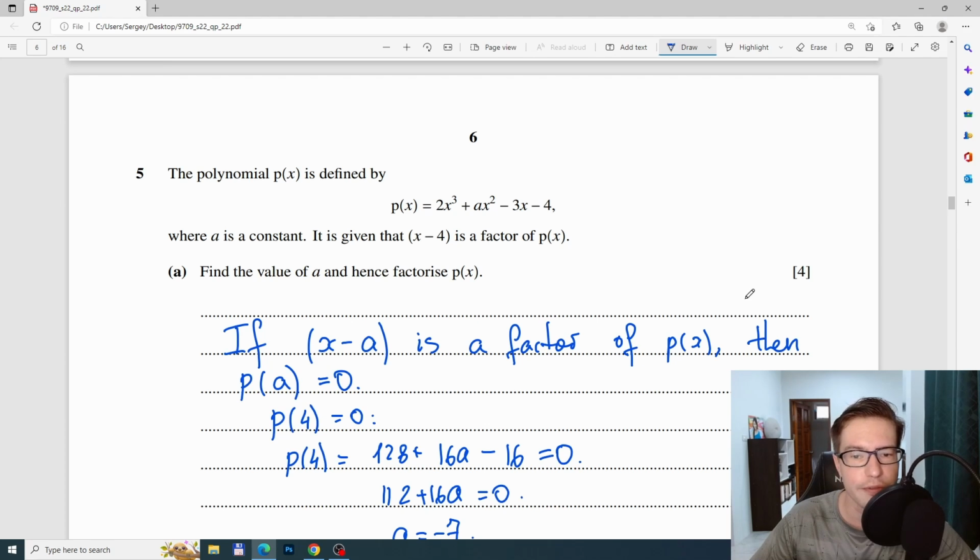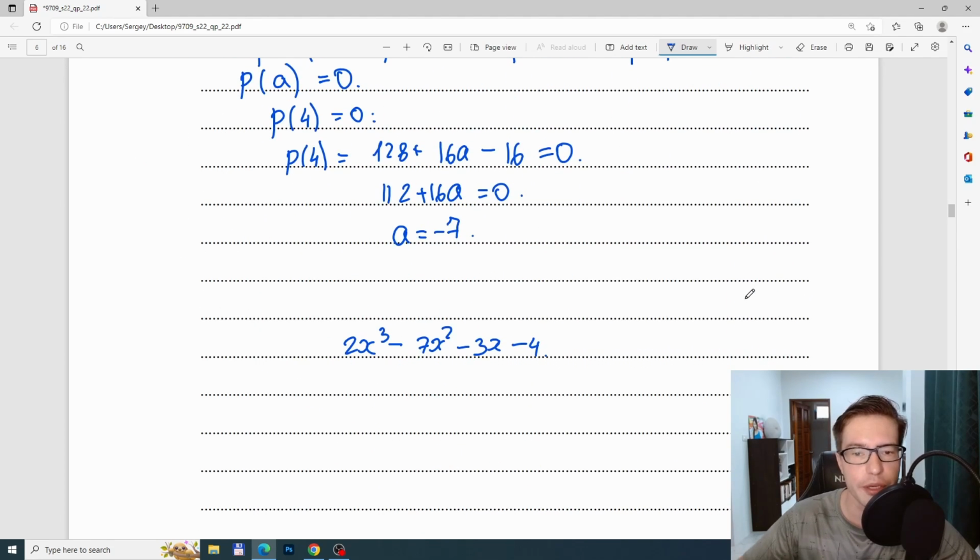Okay, and hence factorize p of x. So that means I will have to divide it by the factor, which is x minus 4. So first of all, look at the biggest power of x in both cases. I will have to multiply x by 2x squared, so I can get 2x cubed. And when I do so, I will get 2x cubed minus 8x squared.